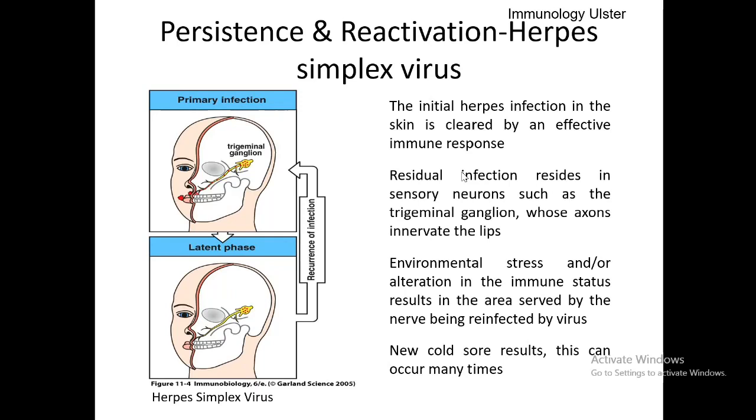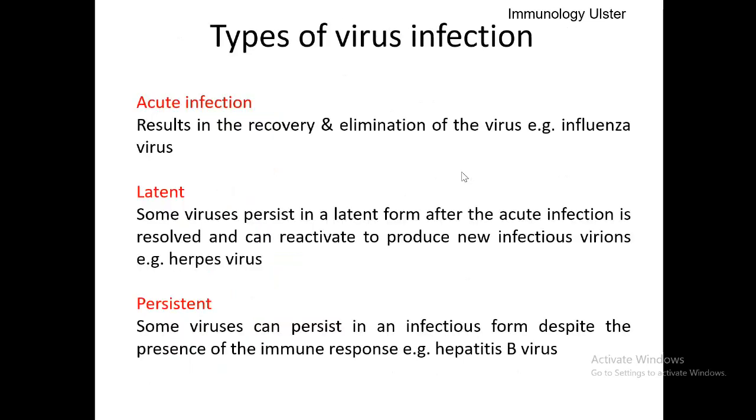There is still an immune system there, but it's at a much lower level compared to systemic tissues. One of the reasons for this is that the central nervous system wants to protect itself from an excessive immune response. And of course, some of these viruses manage to take advantage of that.